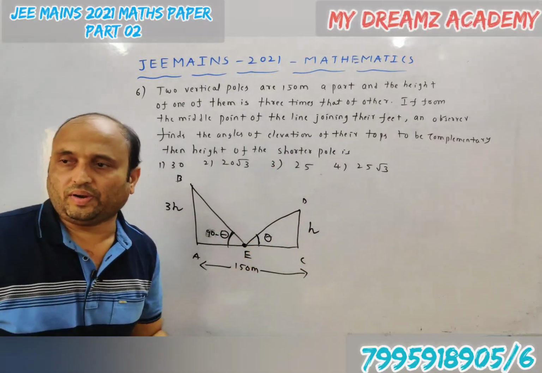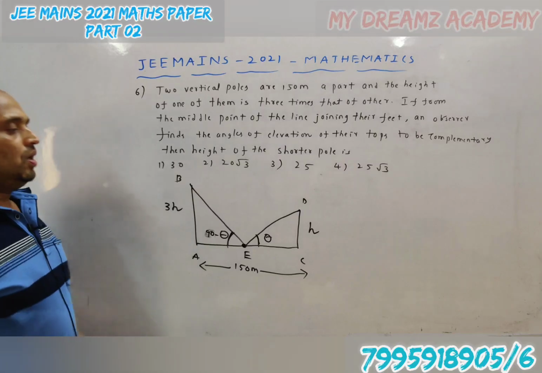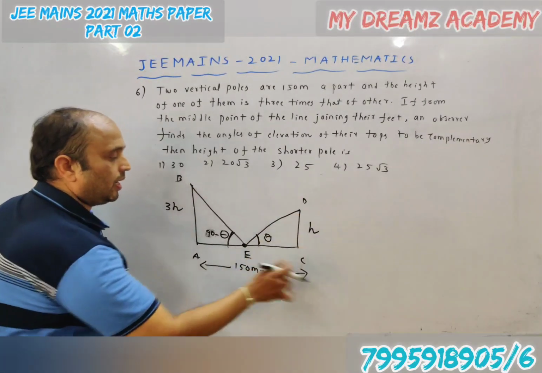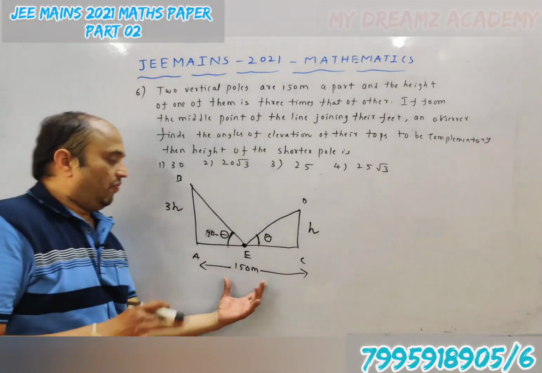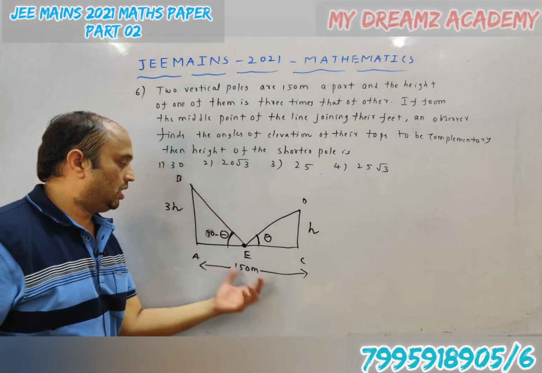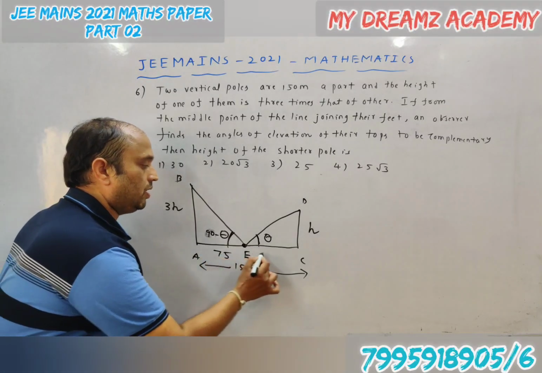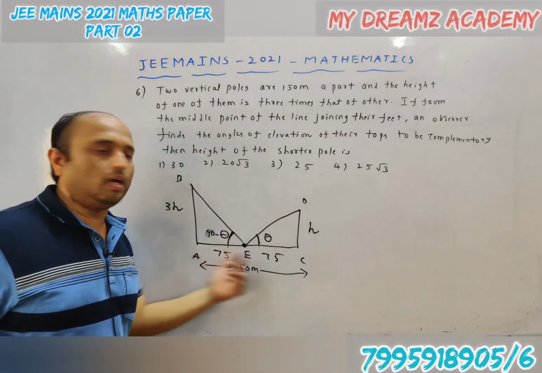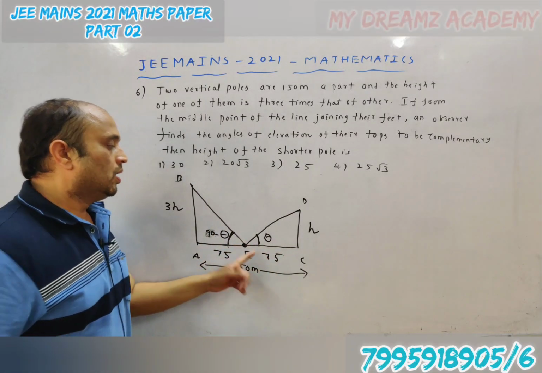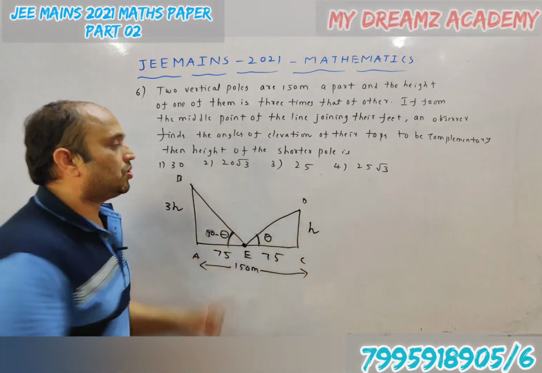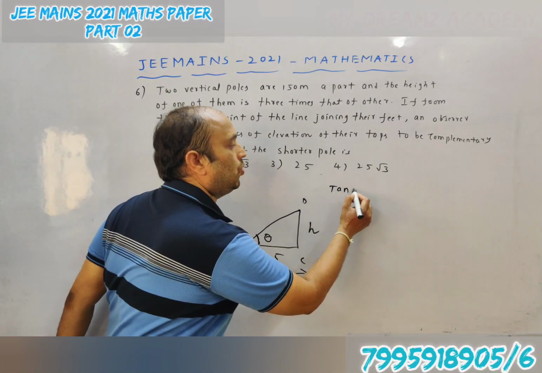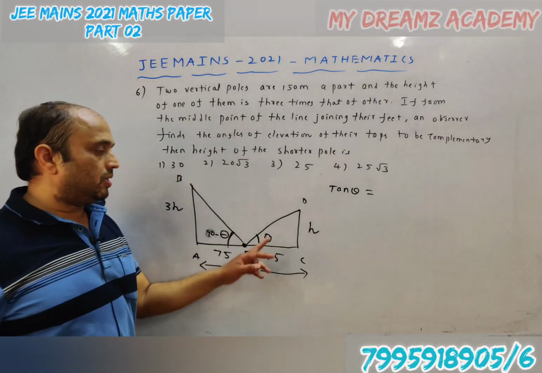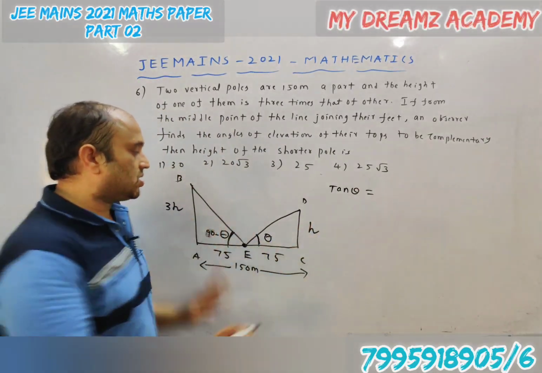So here from the first triangle, it is already given that the poles are 150 meters apart from each other. So this is 75, because E is the midpoint between these two poles. From this triangle, tan theta is equal to opposite by adjacent.